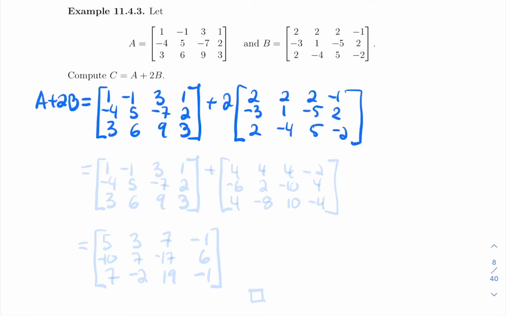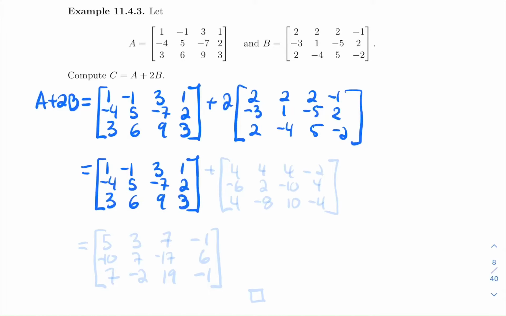So the first thing I'm going to do is distribute the 2 inside my matrix, just by multiplying every single entry of B by 2. So just have to be careful here. So I'm rewriting A here. If I can just copy this. So A is not changing.